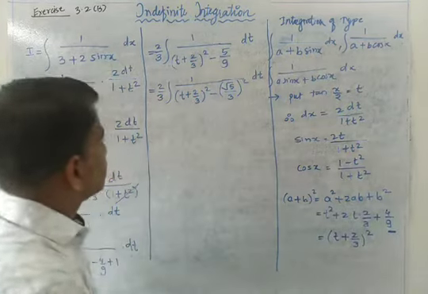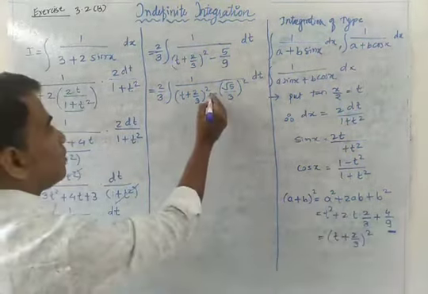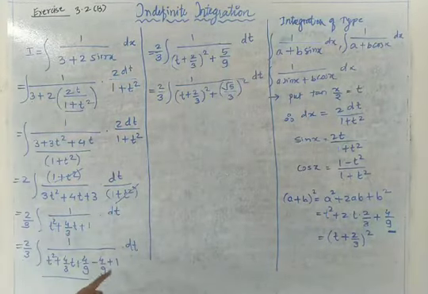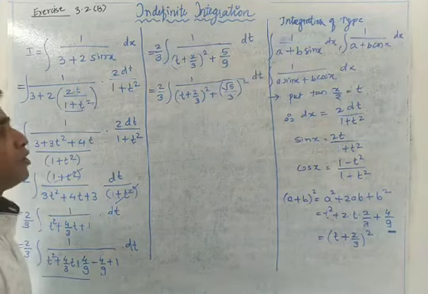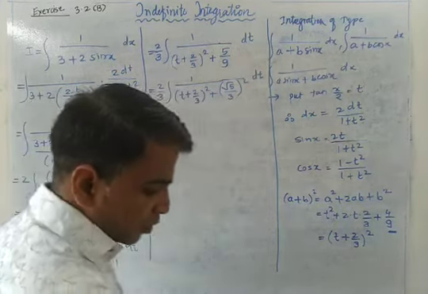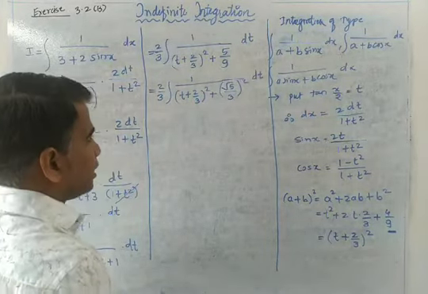Sorry, this sign will be positive, by mistake I wrote minus, because it is plus 5 upon 9. So it is 1 upon x square plus a square, and the integral of 1 upon x square plus a square is 1 upon a into tan inverse x by a.